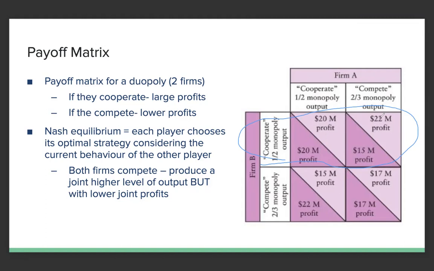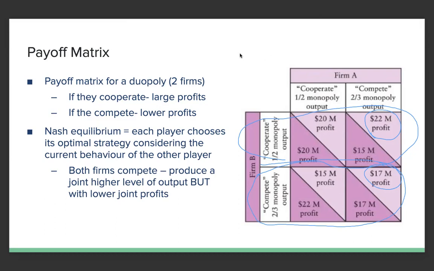Out of 20 and 22 million, since 22 is better, it's better for firm A to compete. Now, if firm B chooses to compete, then let's see which is the best option for firm A. It's again competing.